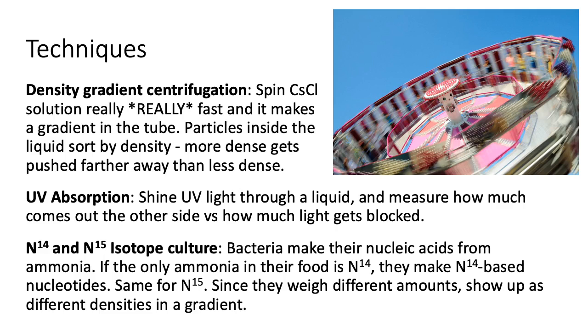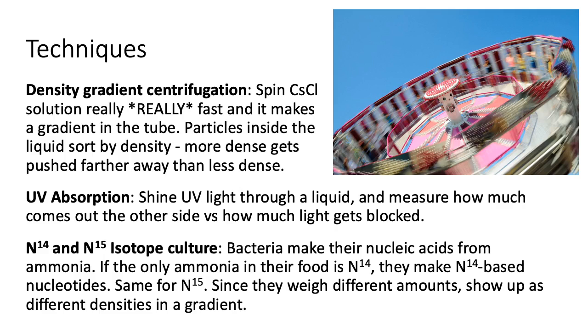Now, N15 and N14 weigh different amounts. Microscopically different, but when you have a large quantity of it, you can tell the difference. And lo and behold, if you have this really fast centrifuge and it sorts things based on the density, well, the density is going to be different because the nitrogen is not a different size, regardless of which isotope it is, but it is a different mass.